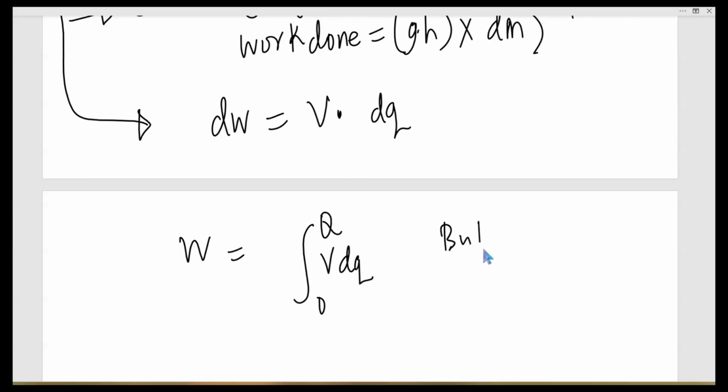But we know that V is equivalent to q out of C, since we are going to be integrating with respect to this small q.